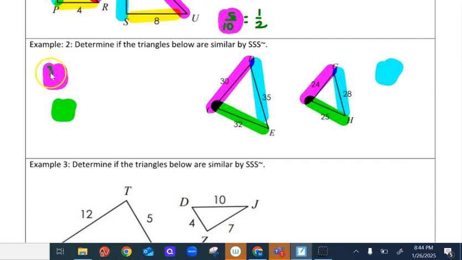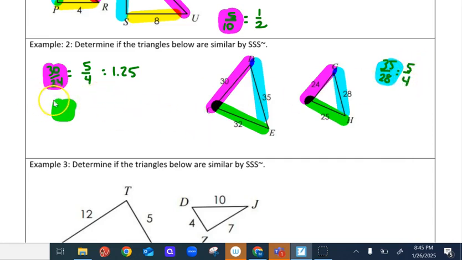30 divided by 24 gives us 5/4. I believe it's also 1.25 if you get the decimal version. 35/28 was this one, which is also 5/4.